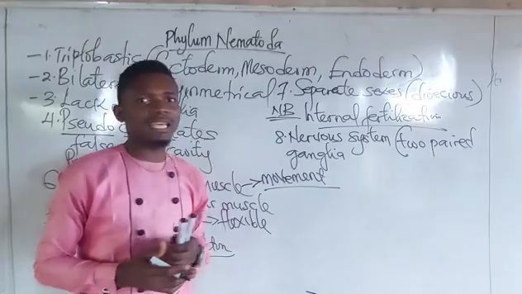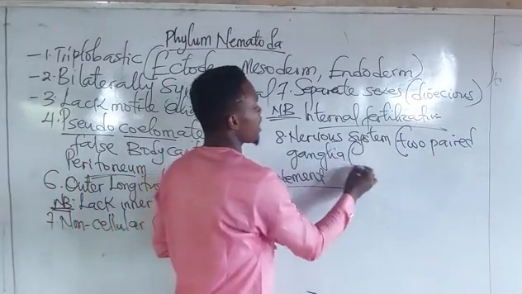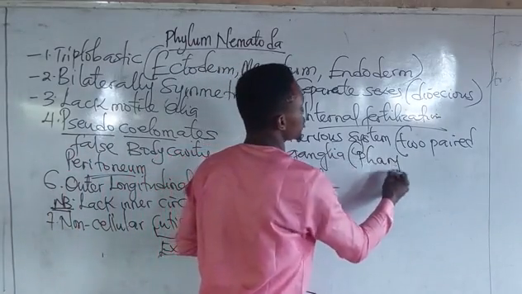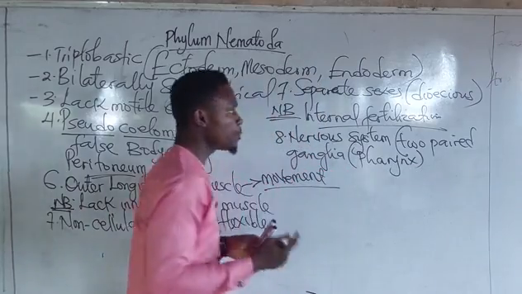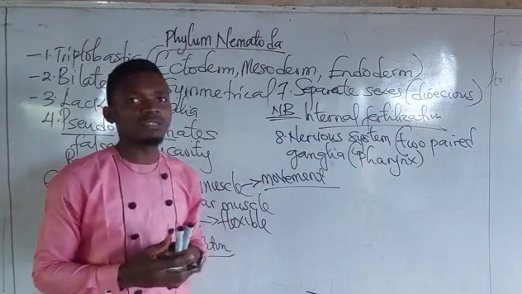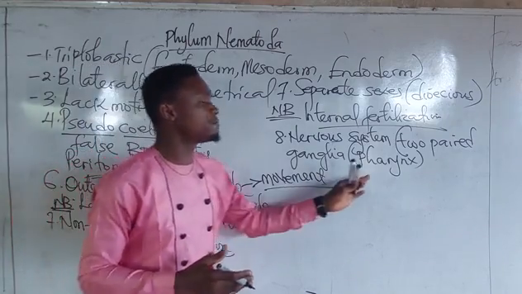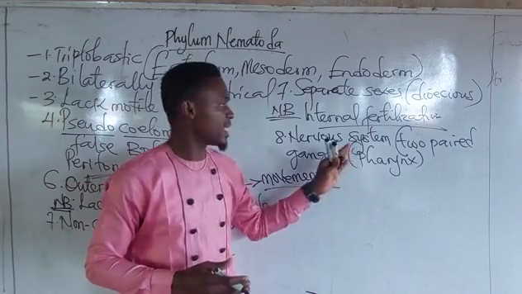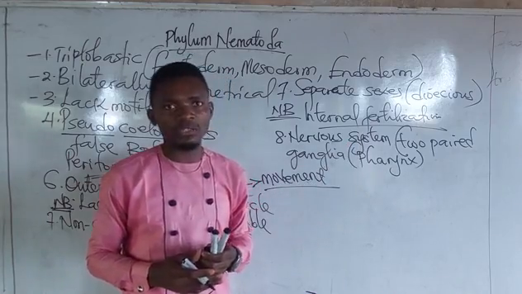And where are these ganglia found? The ganglia are found in the pharynx region. Alright? The two-paired ganglia possessed by this organism are found in the pharynx region.